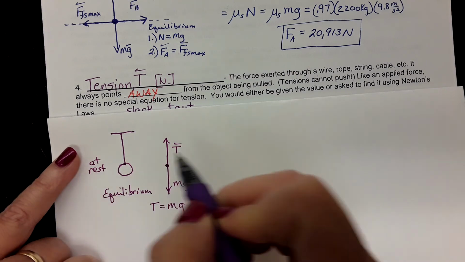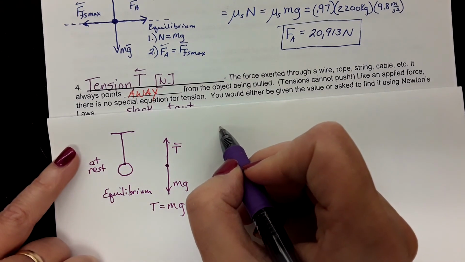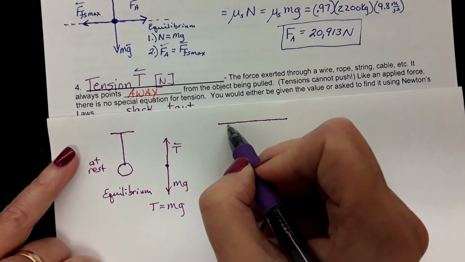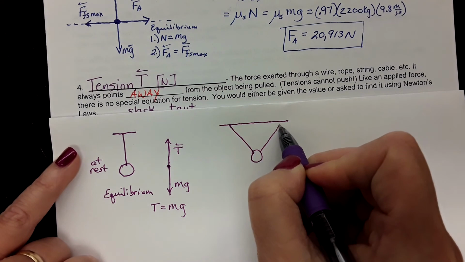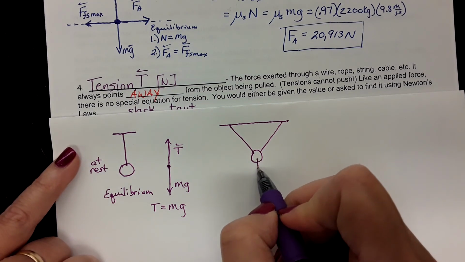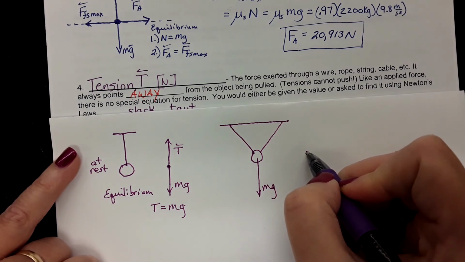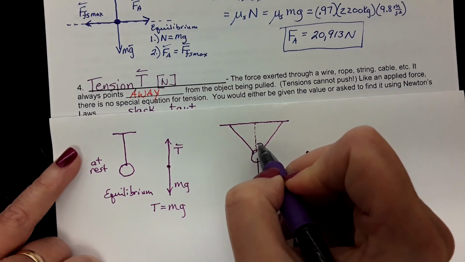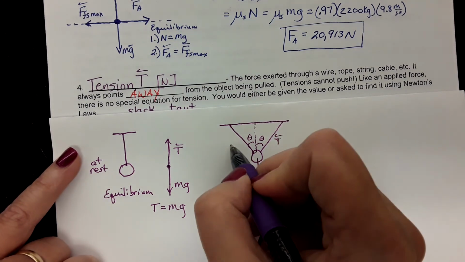You're in equilibrium. Now let's look at a slightly different situation, and this is one that's going to look somewhat familiar to you. If we have two strings pulling up to either side at the same angle, in a case like this, if the two strings are at the same angle theta, then they are equal.